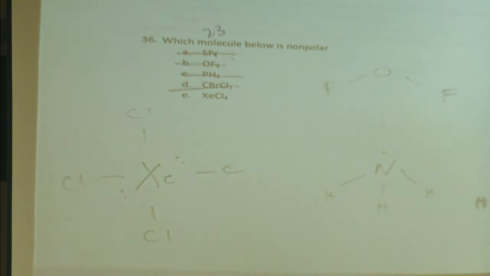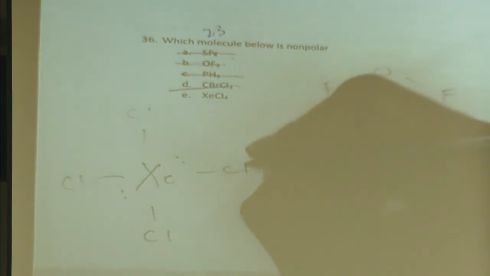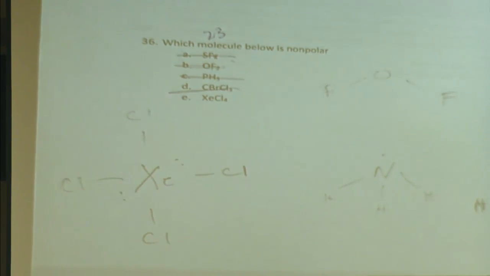And then you come to this, and I'm almost 100% sure this is linear. Let's find it. Yeah, this is what this looks like. So Xe, or xenon tetrachloride, has 4 extra electrons around the central atom.